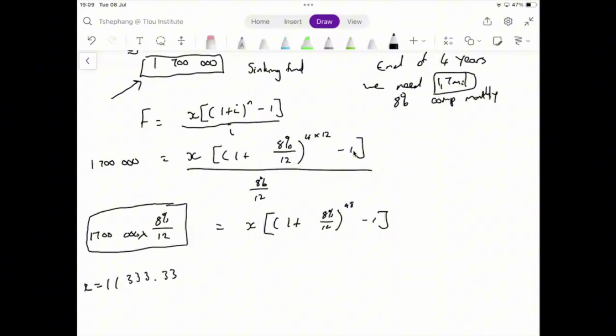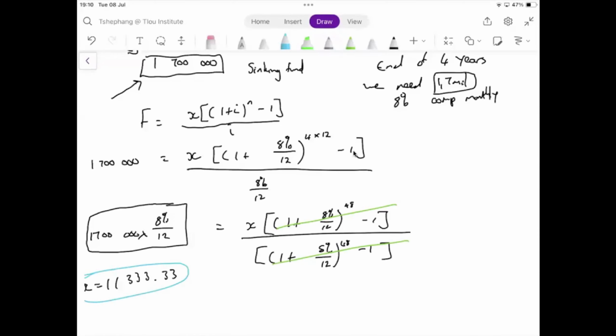Okay, so let's do it step by step. We're going to have to divide by whatever this bracket is so that we can solve for X, because remember that these two cancel each other out. So people got an answer of this. We're just going to double check if we're all getting the same answer.